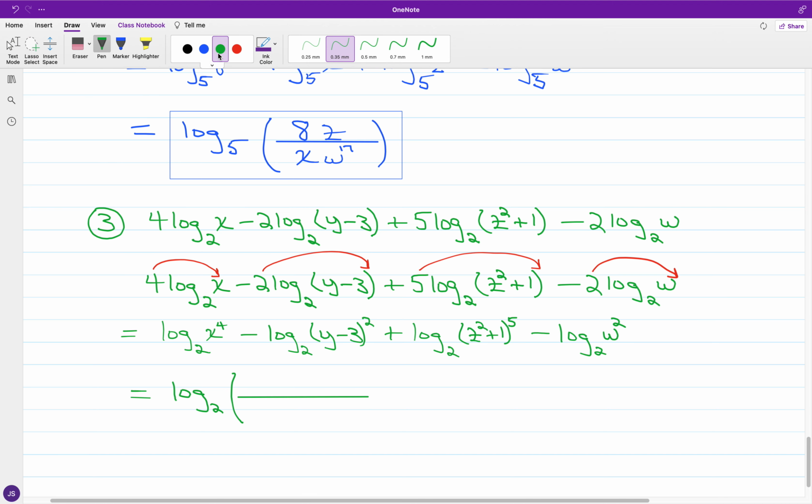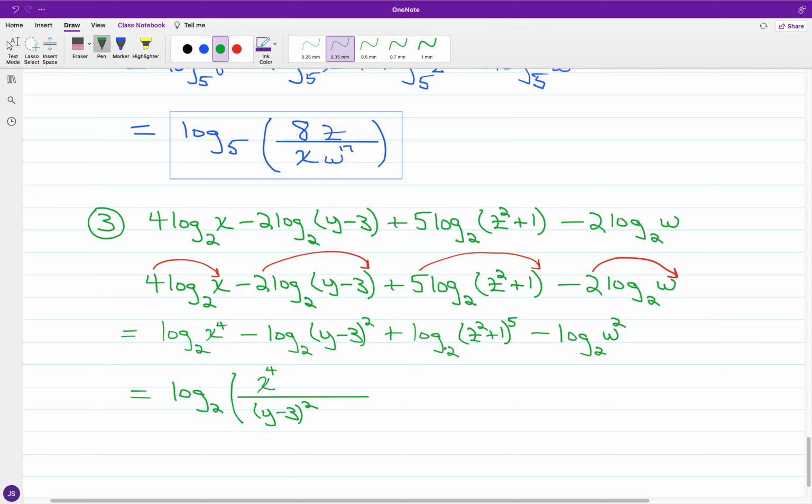So for the first term, you have x to the 4th, and that's part of the first base 2 logarithmic term, which is positive, so x to the 4th will go to the top. The next term is a negative, so y minus 3 squared will go to the bottom.